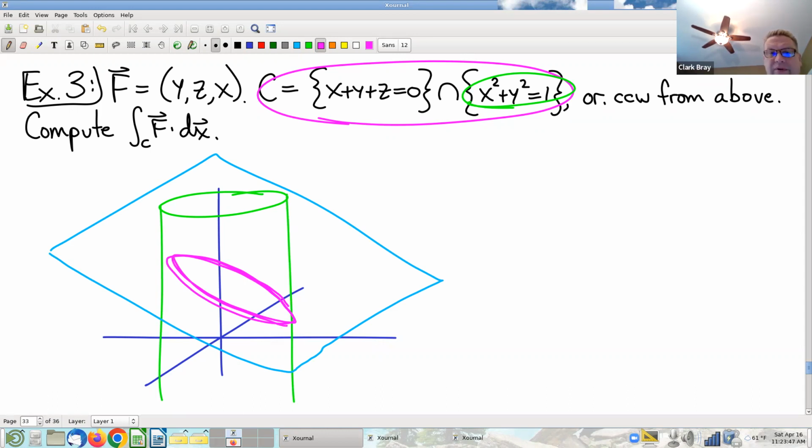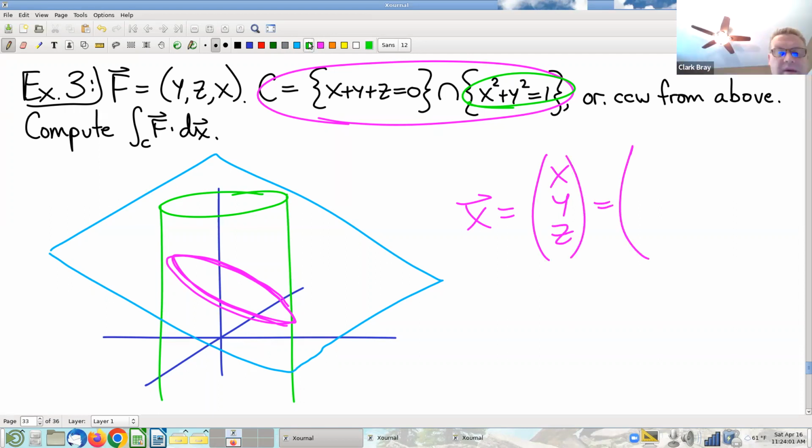And this isn't hard to parameterize. As it turns out, I can write down pretty easily my parameterization, namely X, Y, Z, using the following tricks. The X and Y coordinates come straight out of that cylinder. X squared plus Y squared is 1, which is an old friend, right? So I can parameterize X and Y coordinates by just saying cosine T, sine T.